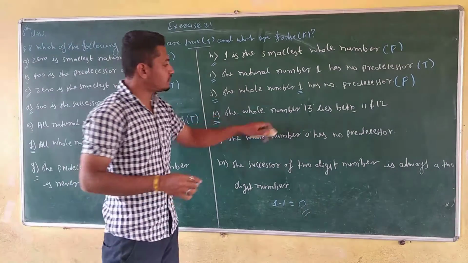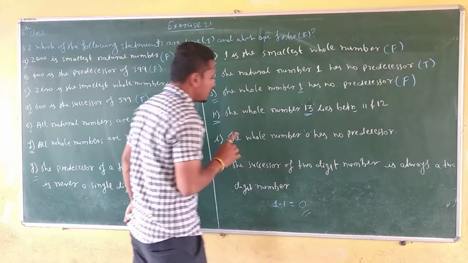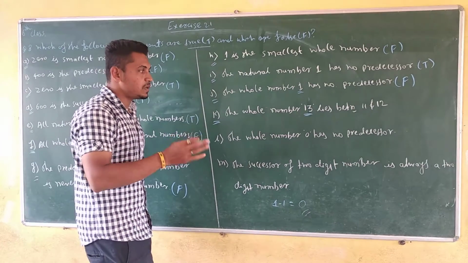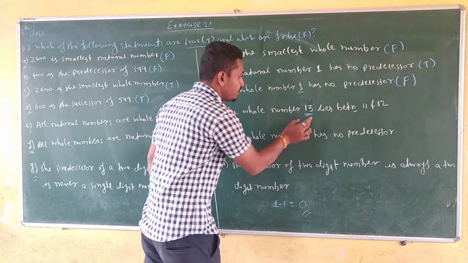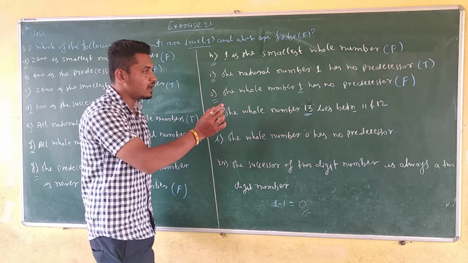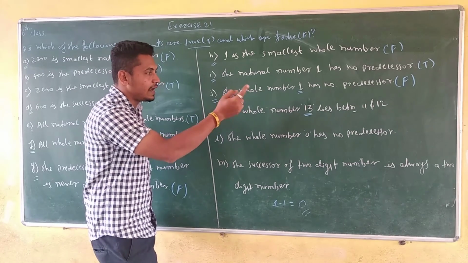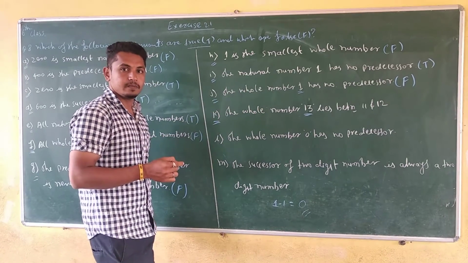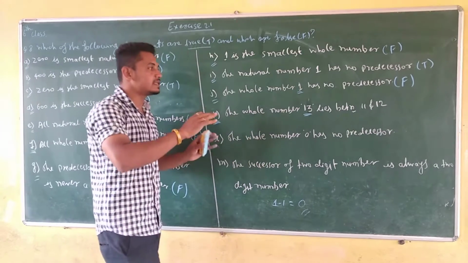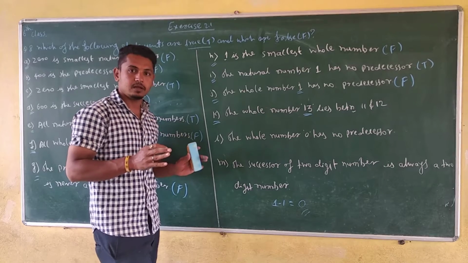Next, see your next statement. The whole number 13 lies between 11 and 12. Lies between means that if 13 lies between 11 and 12, then 13 is greater than 11 and smaller than 12. Is it right? Just consider 13 lies between 11 and 12.